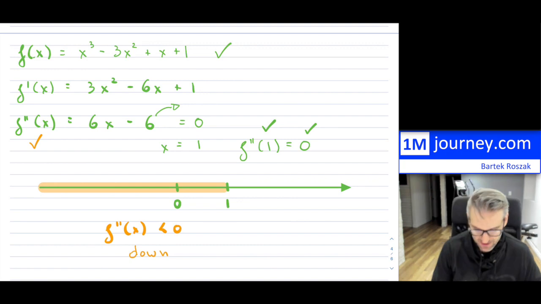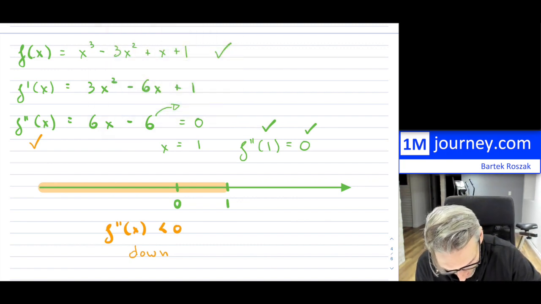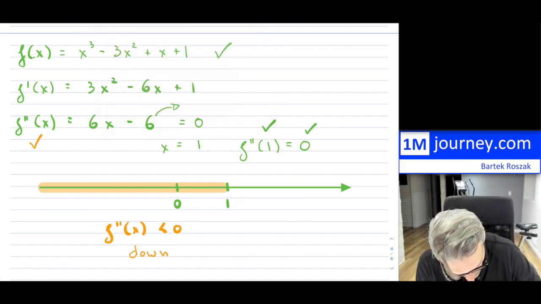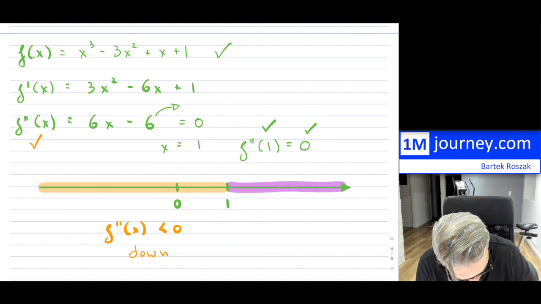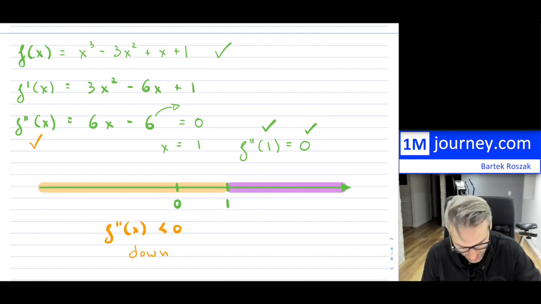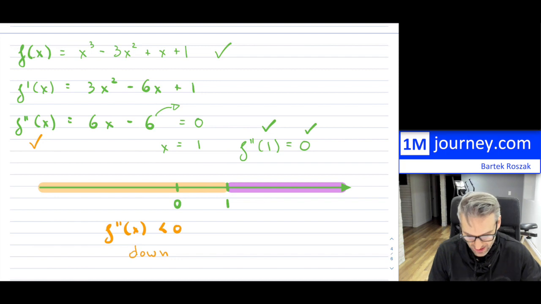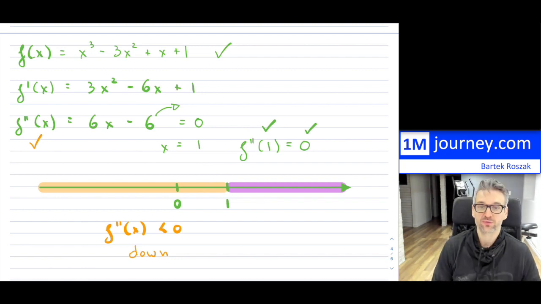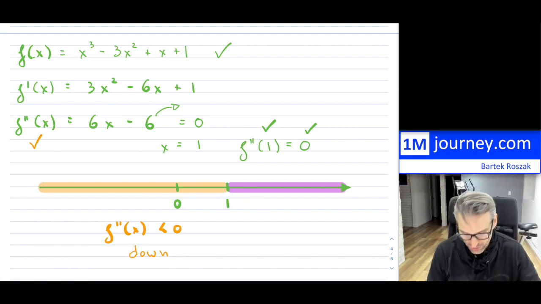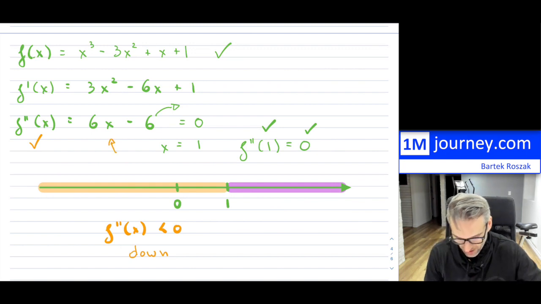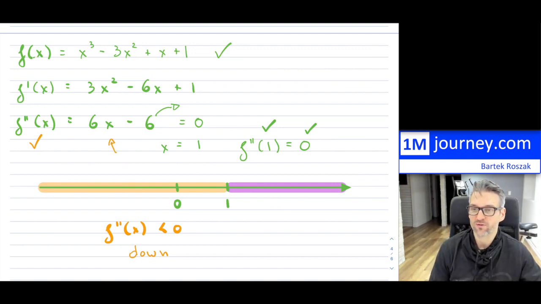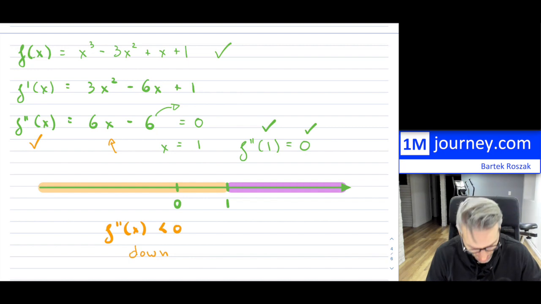That's what that means. Now, on the right of here, I can take a point, for instance, 2. So I'll substitute 2 into here. I'm going to get 2 times 6, so 12 minus this 6. This is positive.